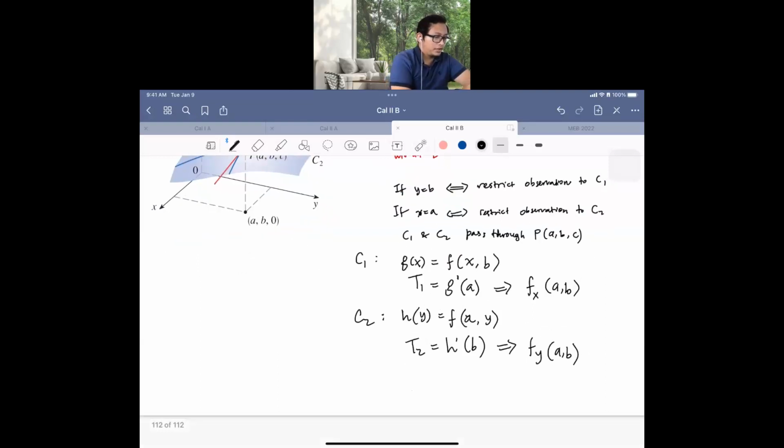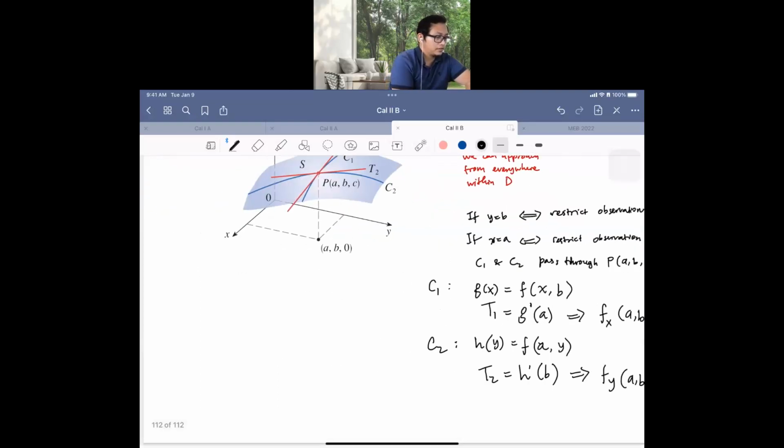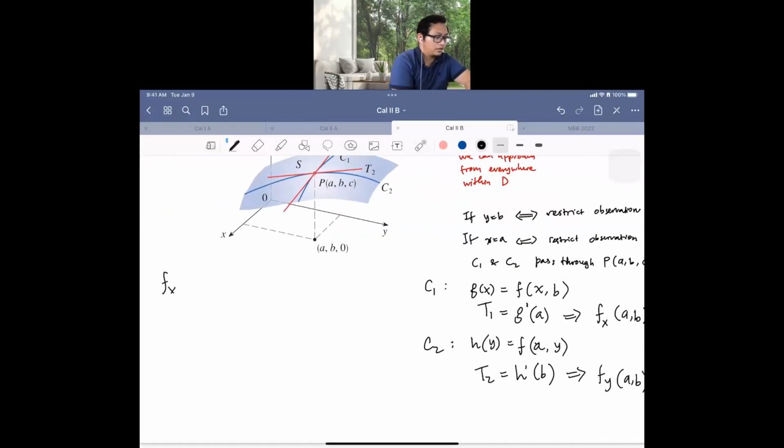Now the partial x and partial y, we can interpret these two partials as the slope.